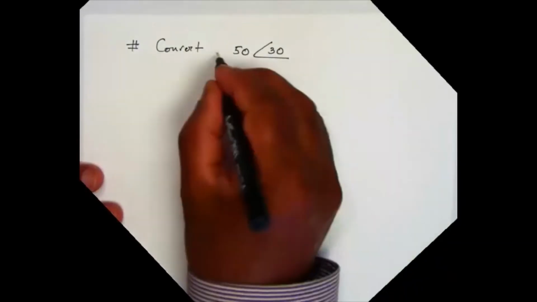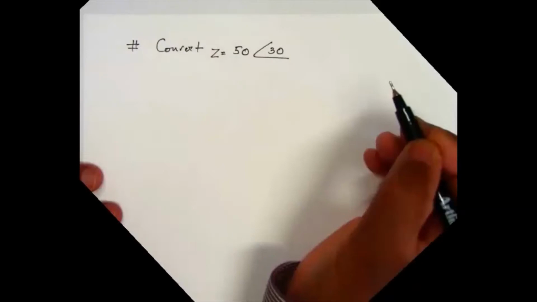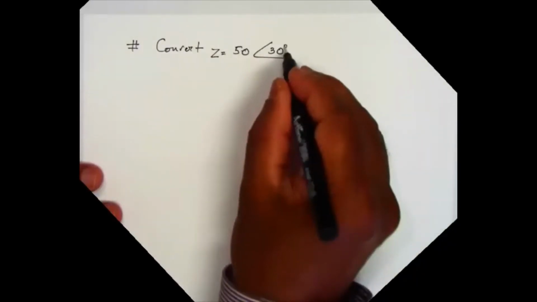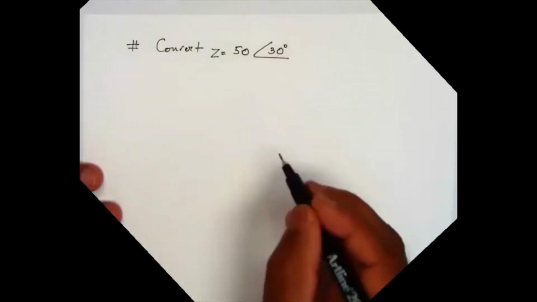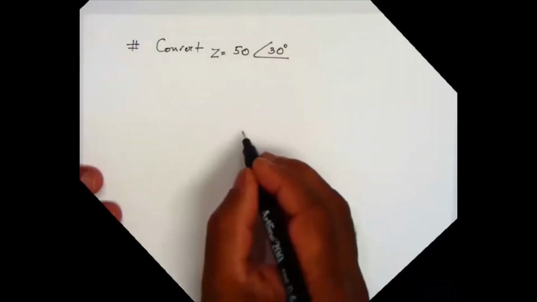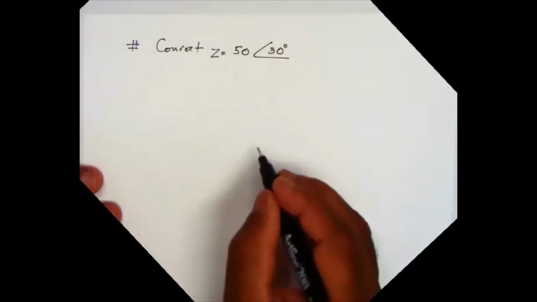So this is the vector and that's the modulus there, and that's the argument. So let's convert this vector to rectangular form.